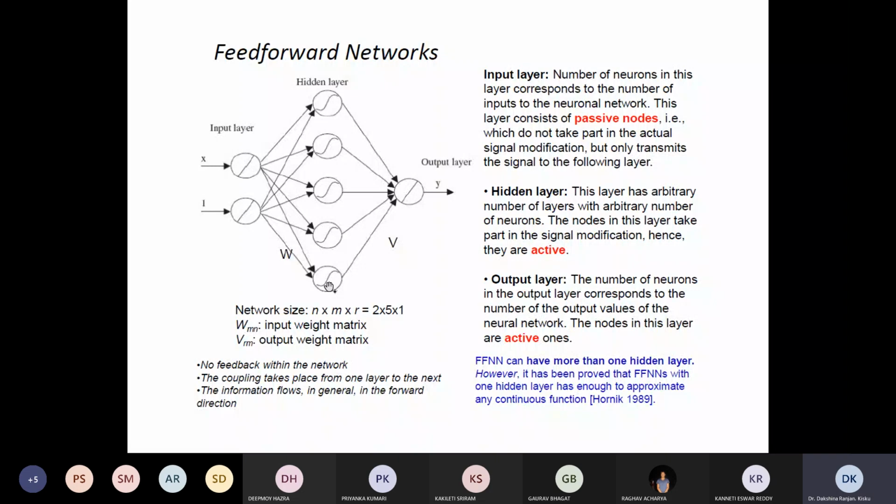In the output layer, the number of neurons corresponds to the number of output values of the neural network, and the nodes in this layer are also active ones.